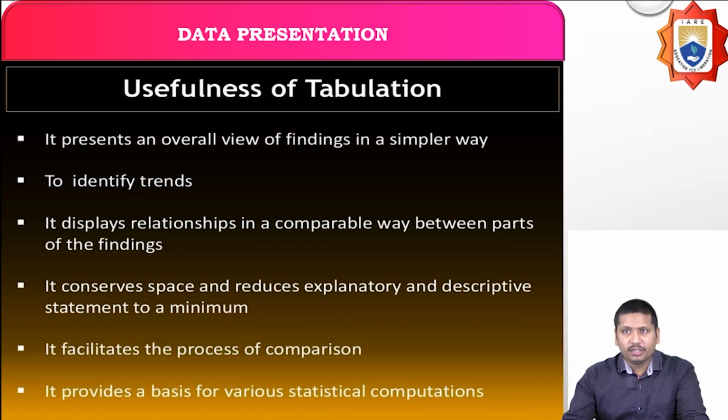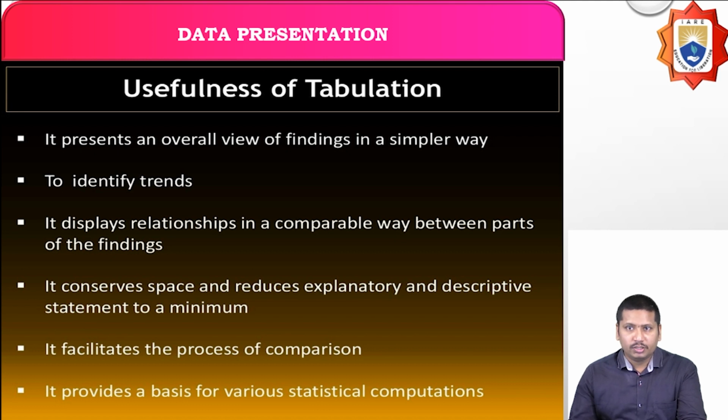So what is the usefulness of this tabulation? Here it represents the overall view of findings in a simpler way, and it should also identify the trends. It presents the overall view of findings in a simpler way, identifies the trends, and displays the information in a comparable way between the parts of findings.